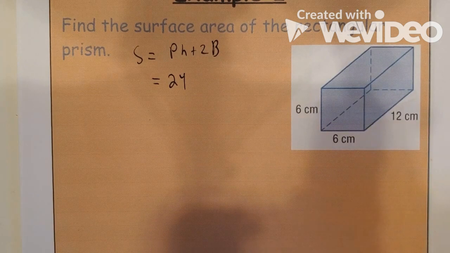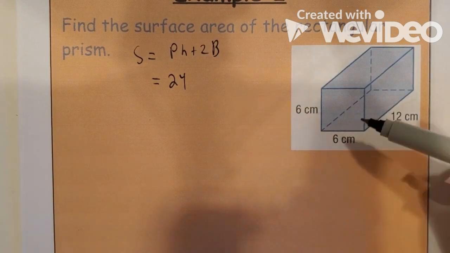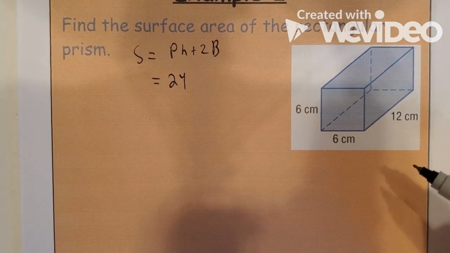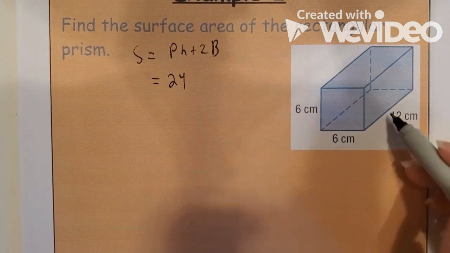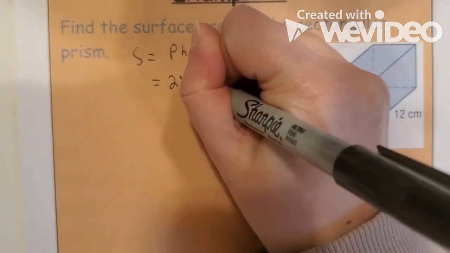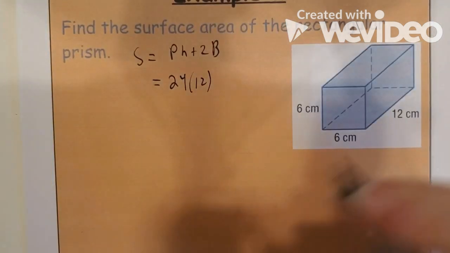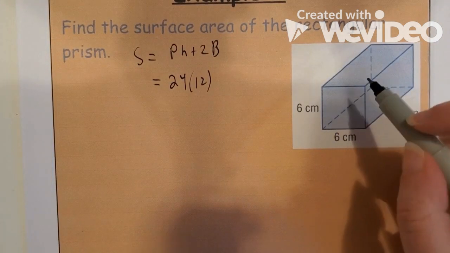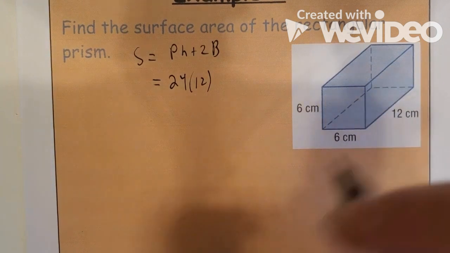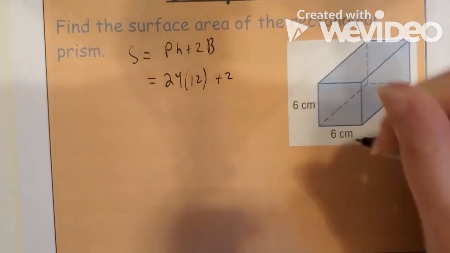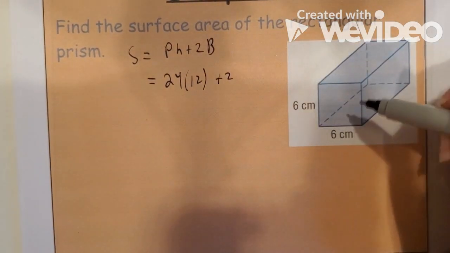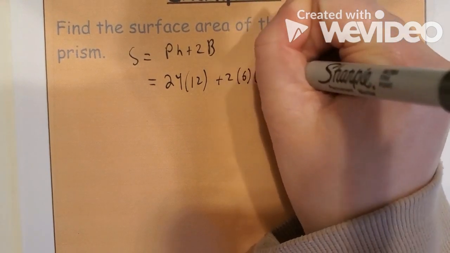But I actually just went into the textbook to make sure this is going okay, and it is, all right? They do consider these squares the bases, so we're going to go right back into the perimeter of 24 and using this 12 as your height, all right? And then because we're considering these squares our bases, this is going to be plus 2 times the area of the base, which is 6 times 6.